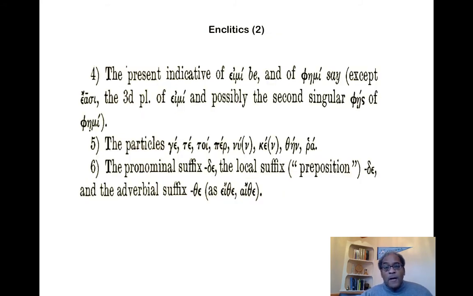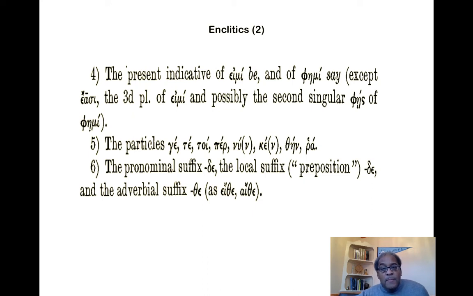Now, in addition to the enclitics that we've seen so far, the present indicative of the verb to be and of the verb say are enclitics as well. So when we see forms of eimi and phemi, we'll see that those can be enclitics as well. Okay, but not in the third plural or the second singular.